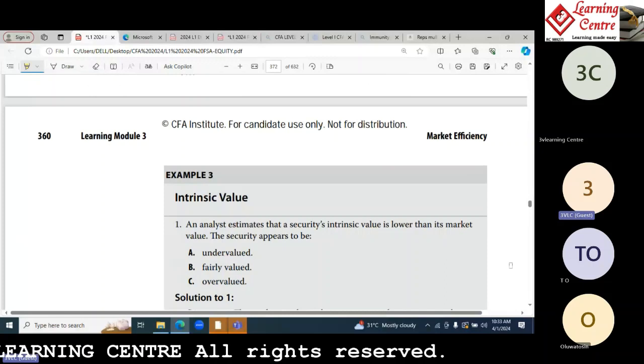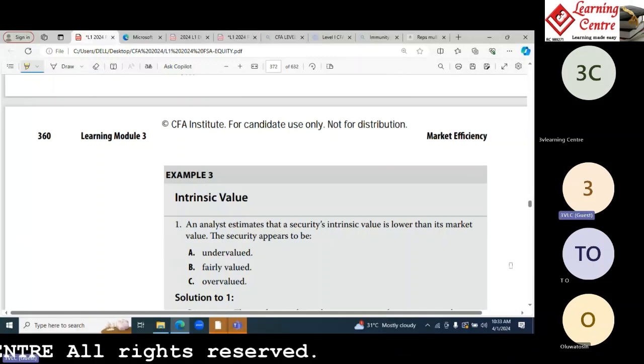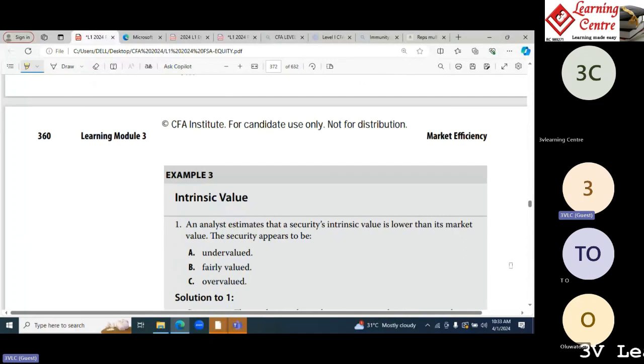Now, if the intrinsic value is less than the market value, you sell because the asset is what? Overvalued, meaning that the market is giving that asset a price that is more than its true value. So you sell. So you buy undervalued stocks or assets and sell overvalued assets.